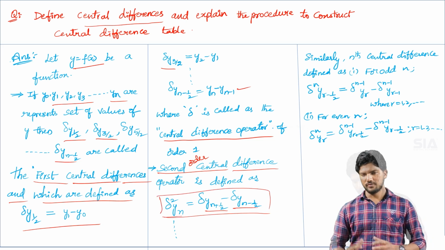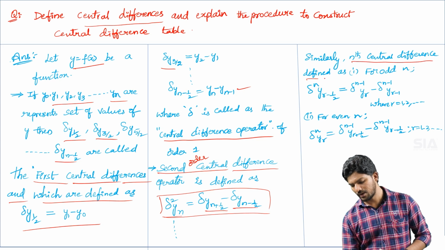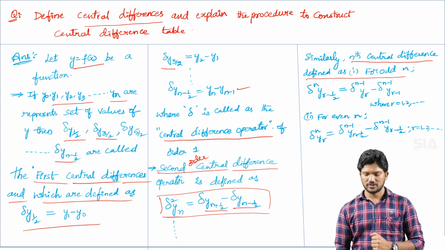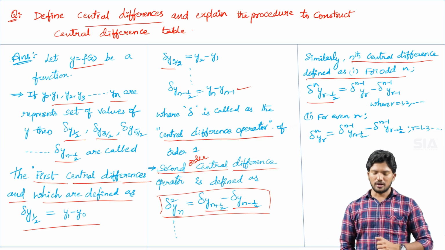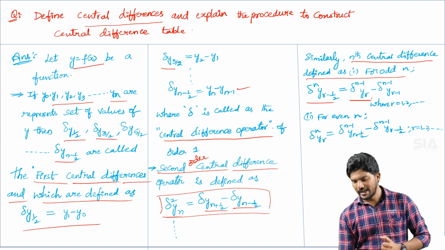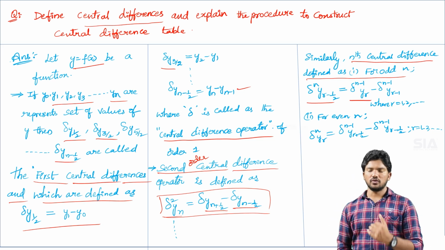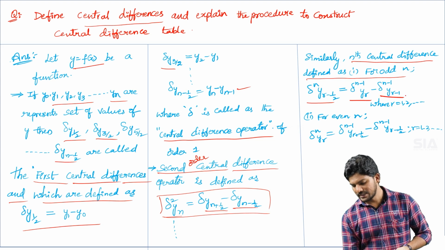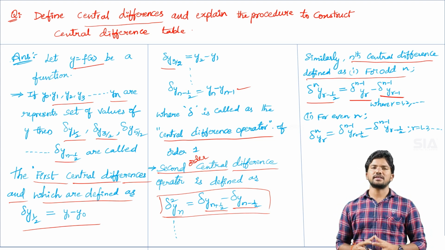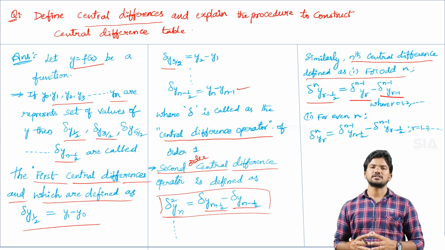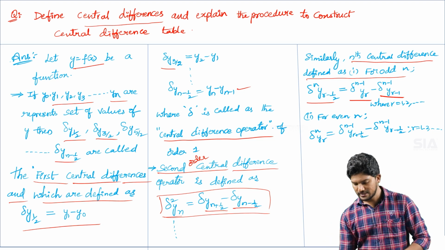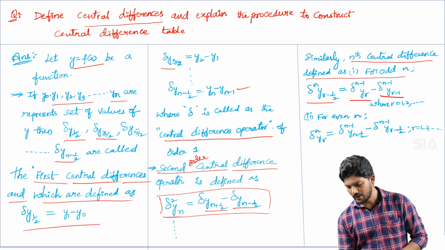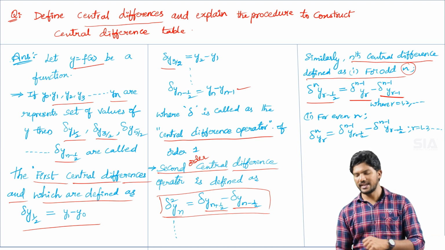Similarly, the nth order central difference operator can be defined as: delta power n y suffix r minus 1/2 is equal to delta power n minus 1 y suffix r minus delta power n minus 1 y suffix r minus 1, where r starts with 1, 2 up to so on. This equation deals with the case whenever n is an odd integer.